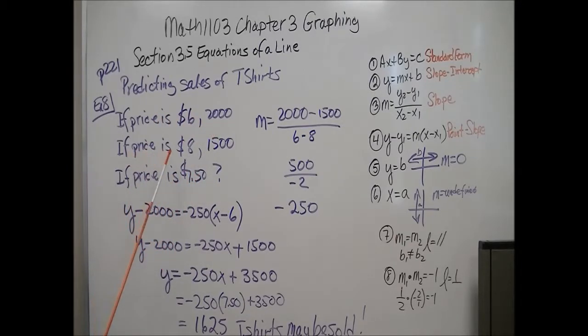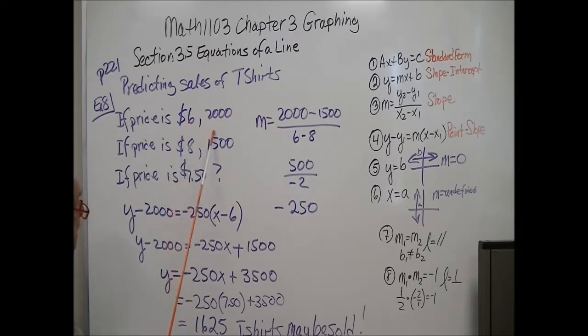But if the price went up to $8, they expect to sell 1,500. So can you see this is a set of data here? How many could they expect to sell if the price was $7.50? That's our big thing. So what do we need to do? Well, they're assuming that this is linear. That is, it's a straight line.